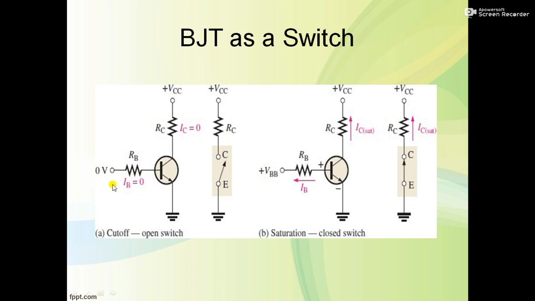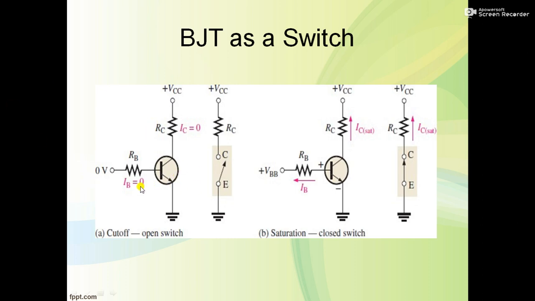When the base current is 0, the collector current is also 0. And here one voltage we are using as a supply voltage, plus VCC. This plus VCC is used to operate or activate this transistor.